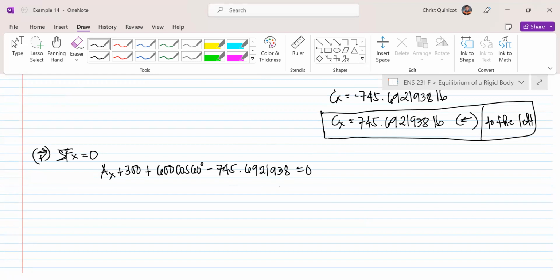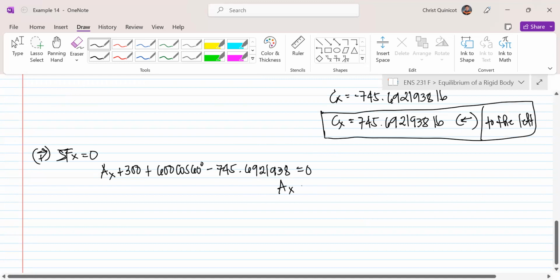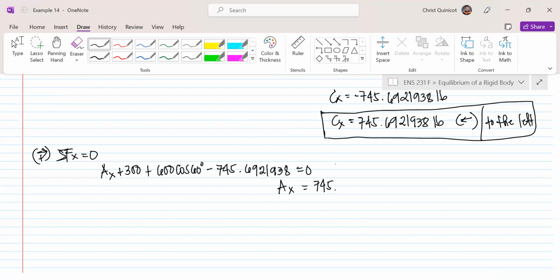So A sub x is equal to positive 745.692138 minus 300 minus 600 cosine 60 degrees.